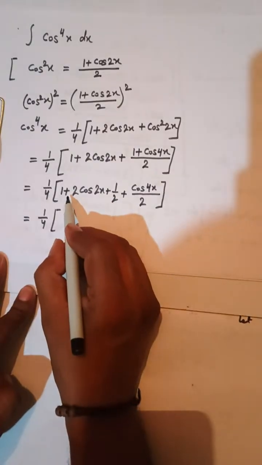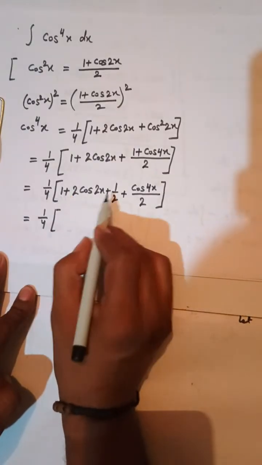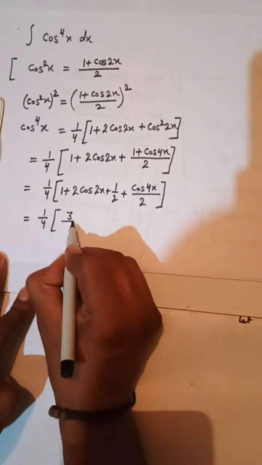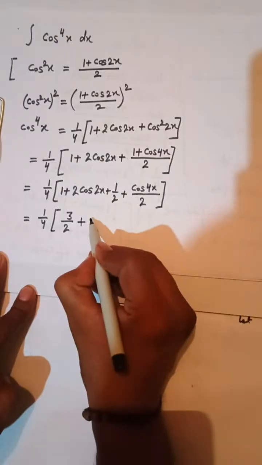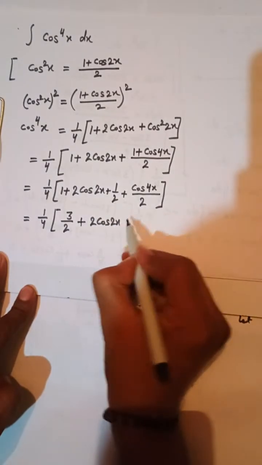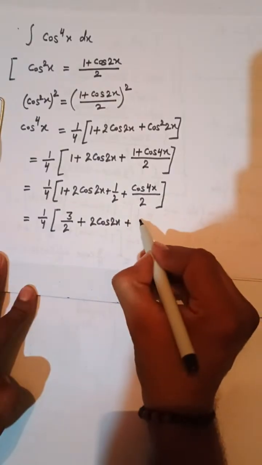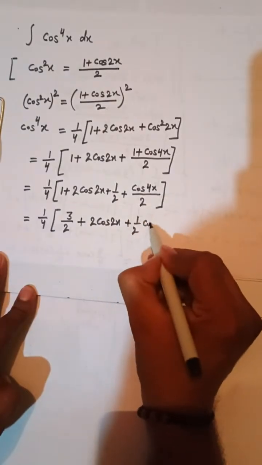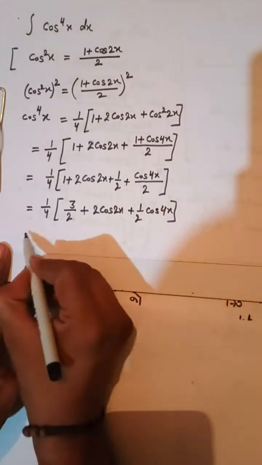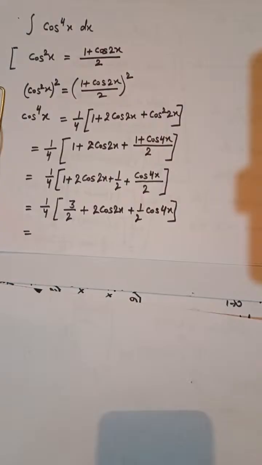Or 1 plus 1 by 2 will be 3 by 2, so it will be 3 by 2 plus 2 cos 2x plus 1 by 2 cos 4x. On the last I can easily multiply all, and we get 3 terms.